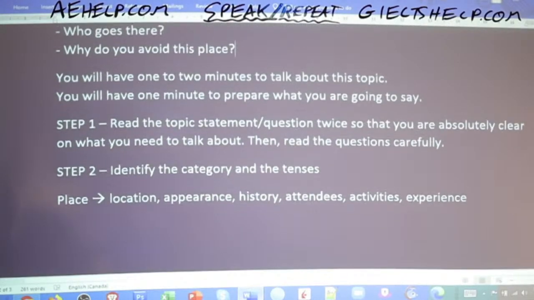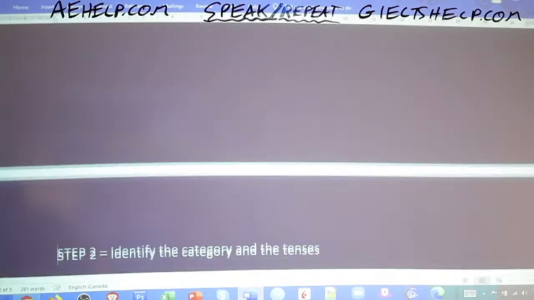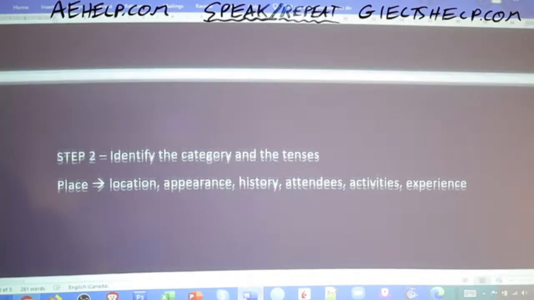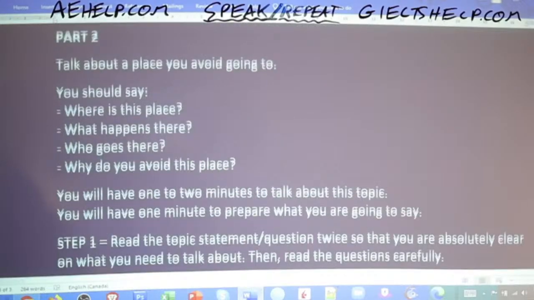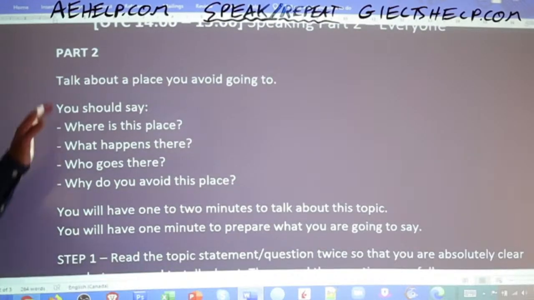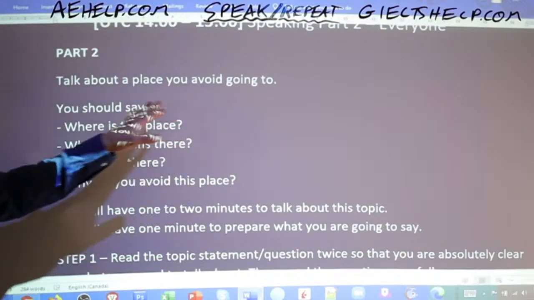Okay. And in our case, for this cue card question, what is the most common tense that you will be using? Okay. So verb tense, it means kind of like the time of the events, right? So talk about a place you avoid going to.